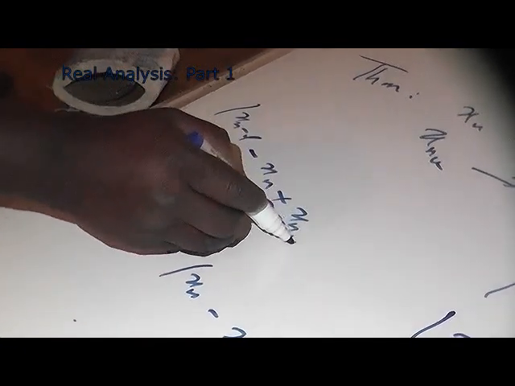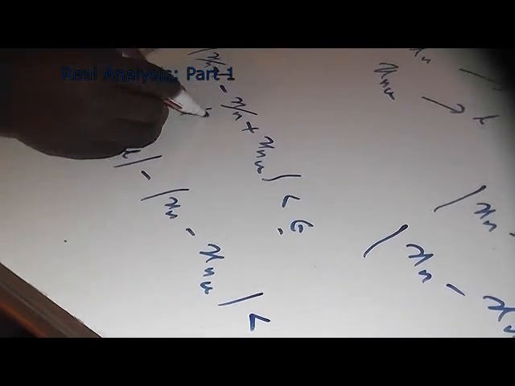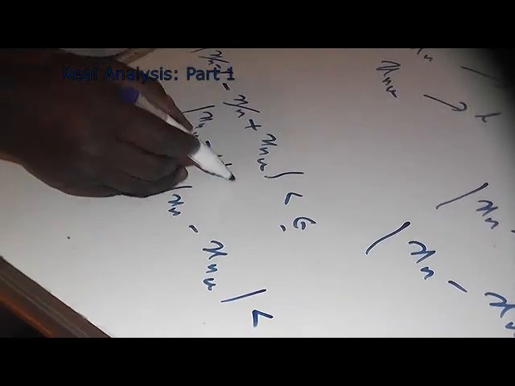And from the triangle inequality, this is |xn minus L minus xn plus xnk| is less than epsilon. We have |xnk minus L| is less than epsilon. So a subsequence converges to the limit of the sequence.